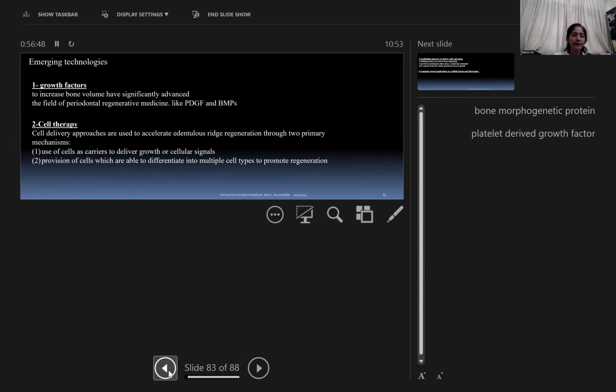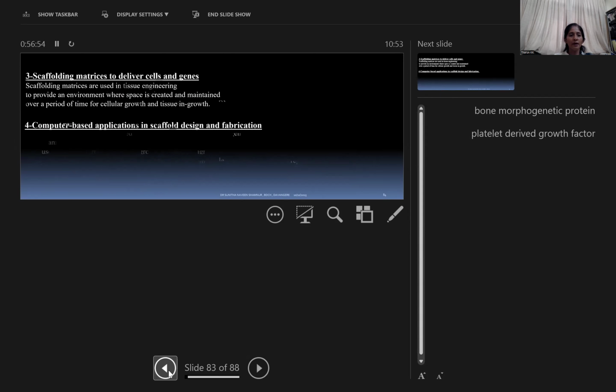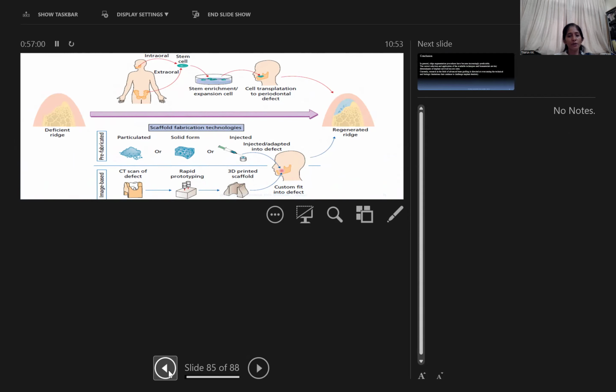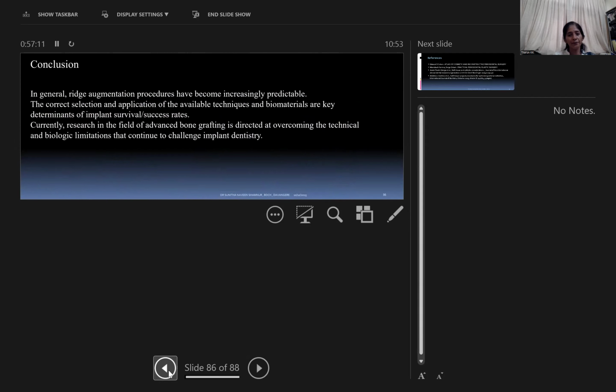There is a widespread use of growth factors, the scaffold membranes, and 3D application models here. If you have a deficient ridge, we use rapid prototyping to create a 3D printed model and then custom fit it into the defect. In general, all the augmentation procedures that I have discussed till date are scientifically validated and also predictable.